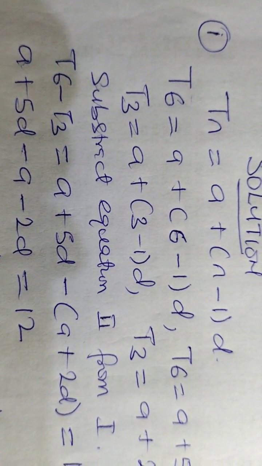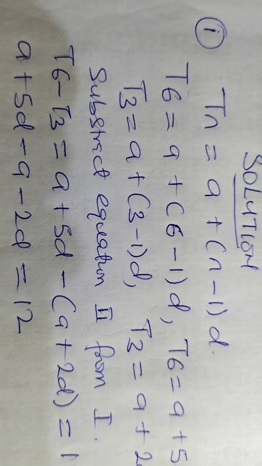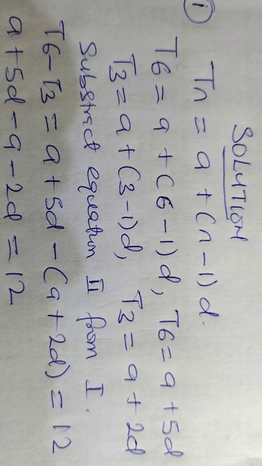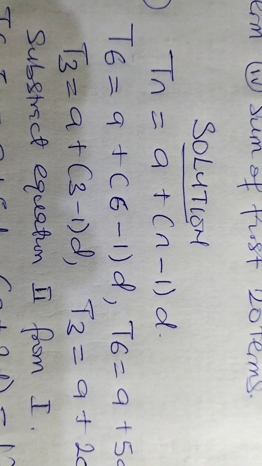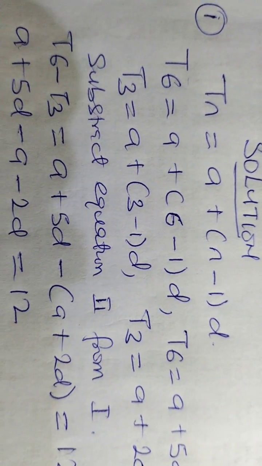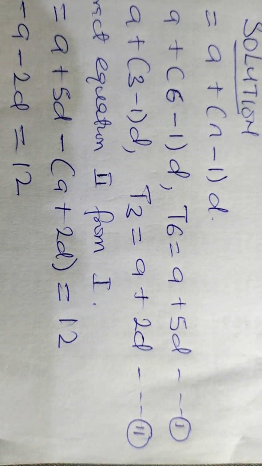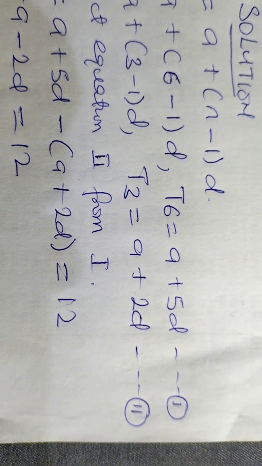Then T3, the third term, will become A plus (3 minus 1) D, taking n as 3. That gives us T3 equals A plus 2D, equation 2.